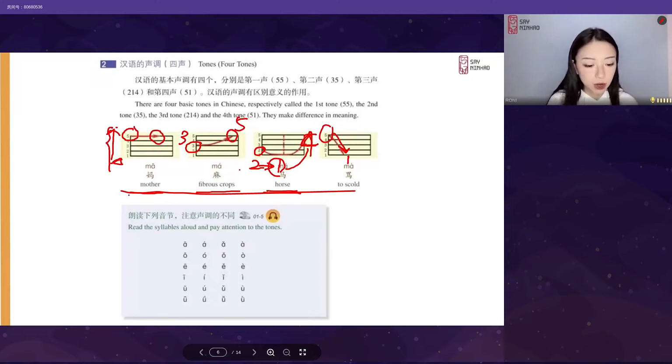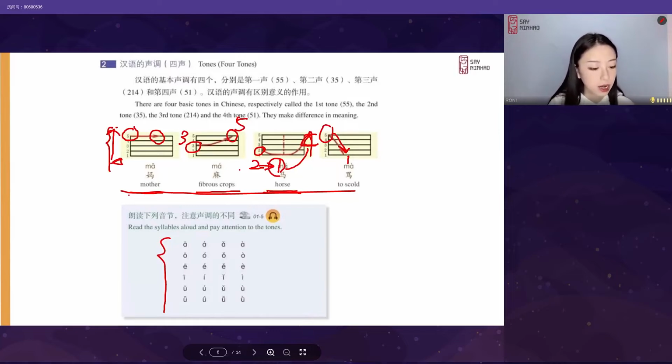Okay, now let's try to do some practice, okay? We can see there are many finals we've just learned before, and they are marked with the tone marks.